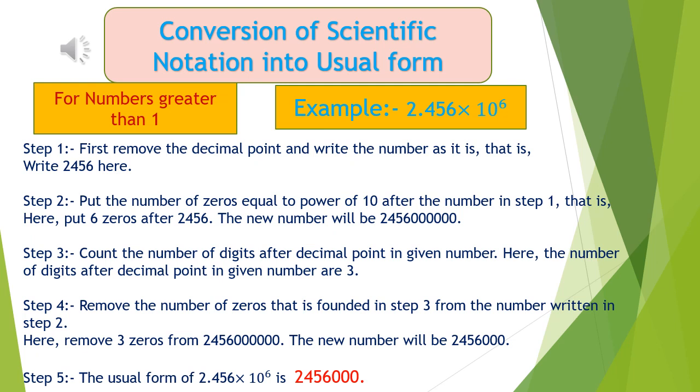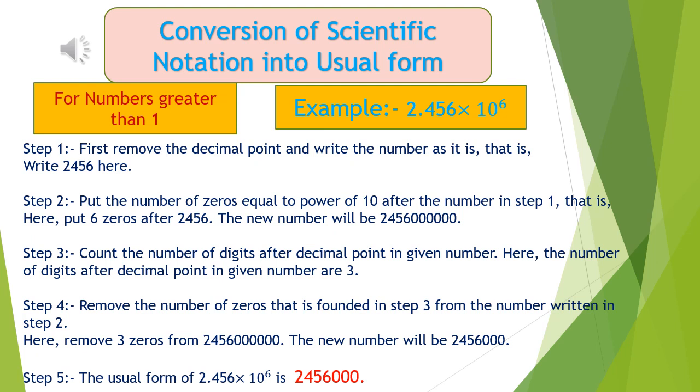Now step number 3. Count the number of digits after the decimal point in your given number. Your given number is 2.456 and how many digits are there after your decimal? 4, 5, 6. 3 digits are there. So, step number 4 says that remove the number of zeros found in step 3 from the number written in step 2.